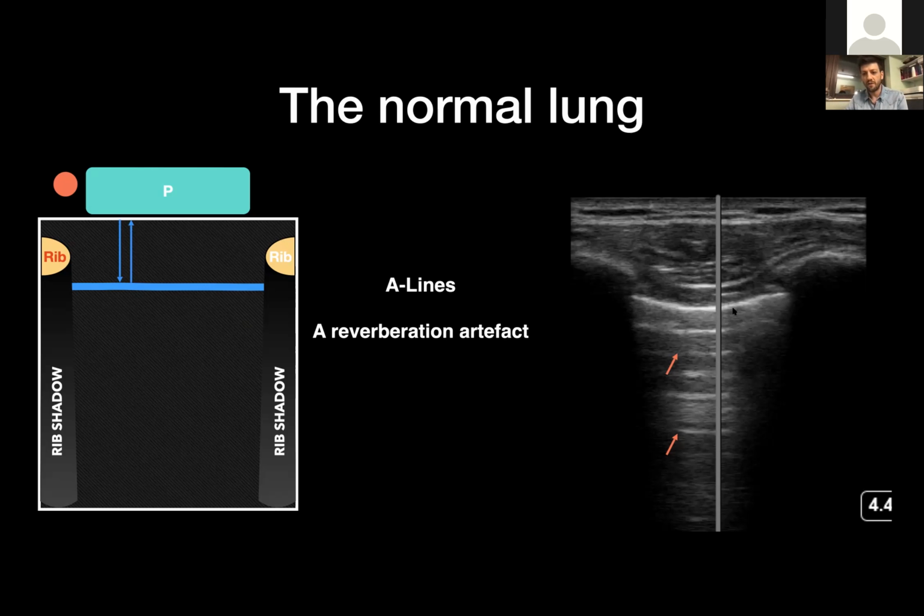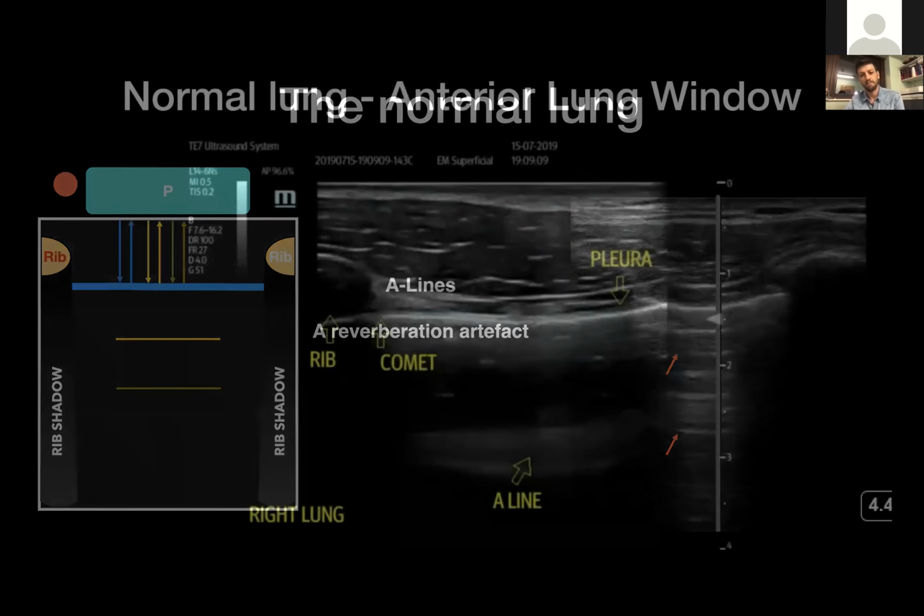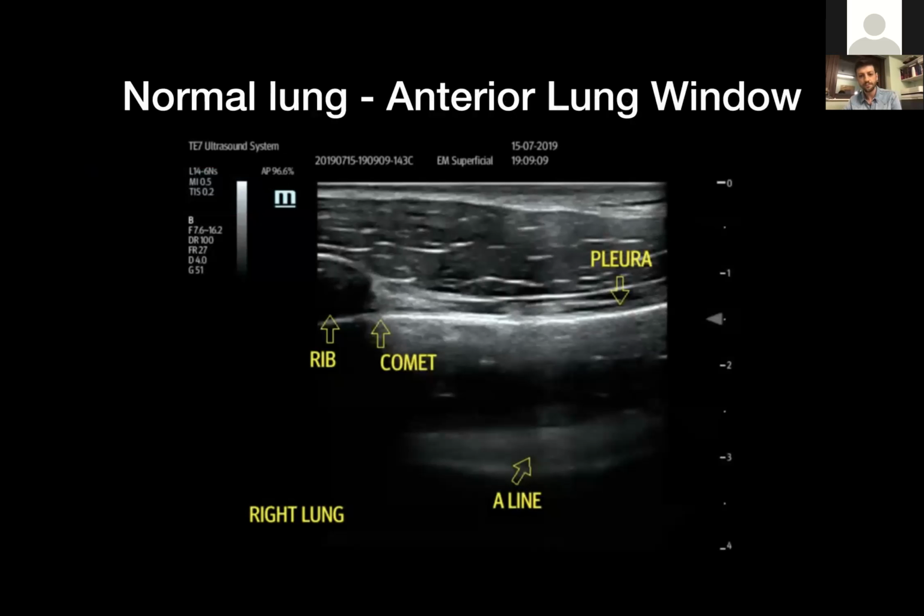Because the probe and the pleural line are so reflective, that same wave will bounce back to the pleural line and back again. The time it has now taken to come back to the probe is double the first amount of time. So you get another line as a reverberation artifact, and so on and so on. You get multiple A lines going through the image.